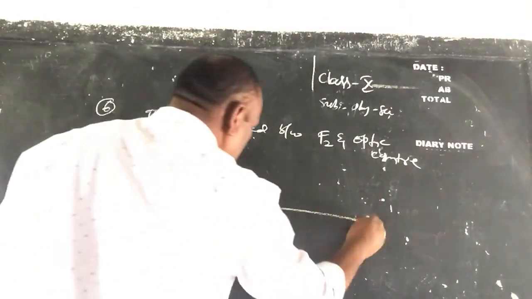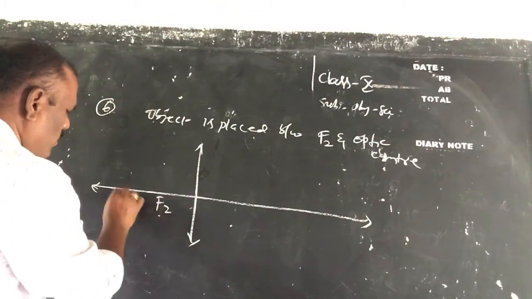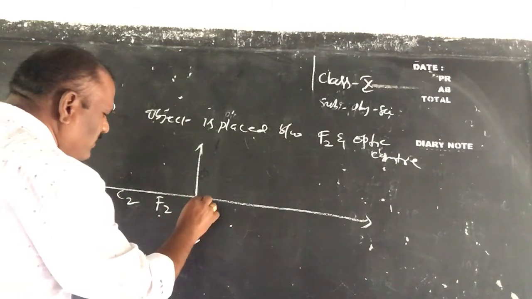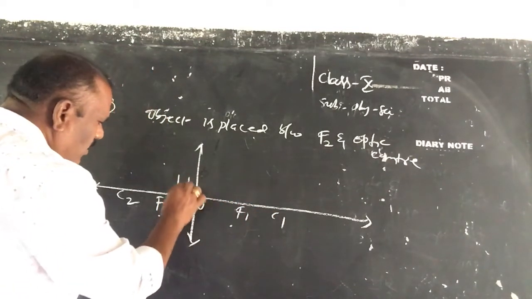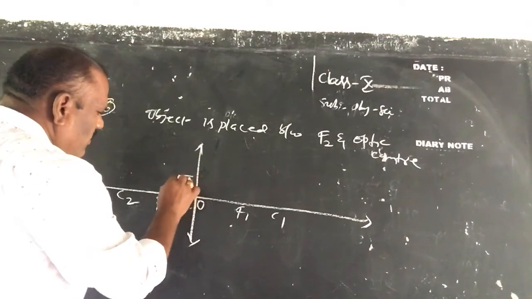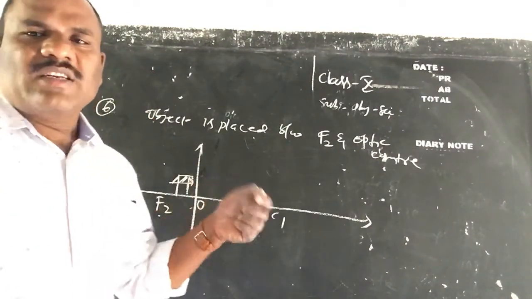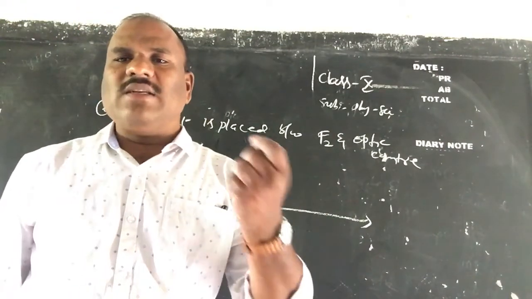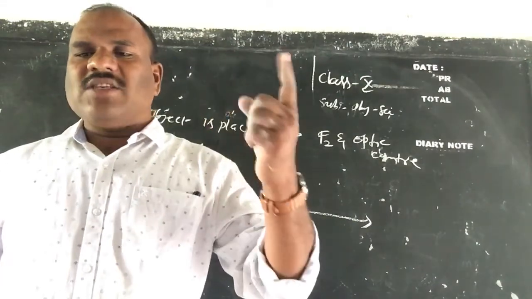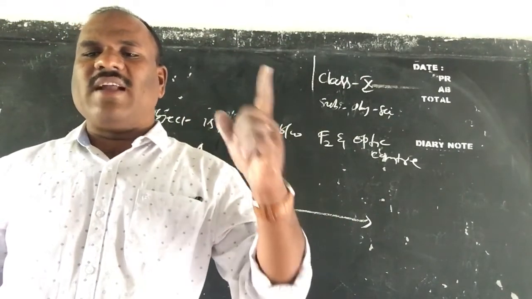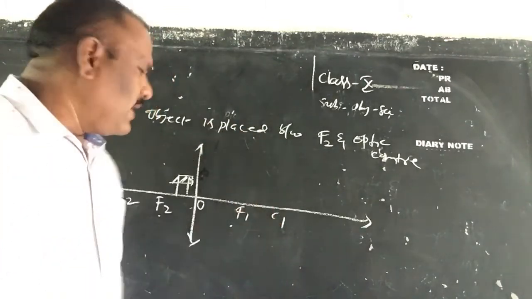This is the principal axis, and here F2, C2 and optic center O, and F1 and C1. Here is the object, children. Now, when the object is placed between F2 and optic center, we will get an image which is virtual, erect and diminished, children.